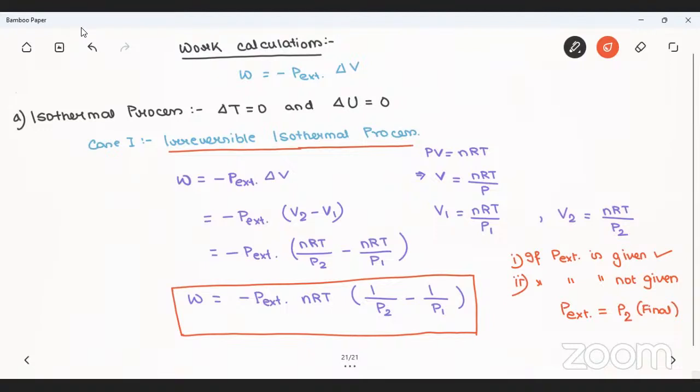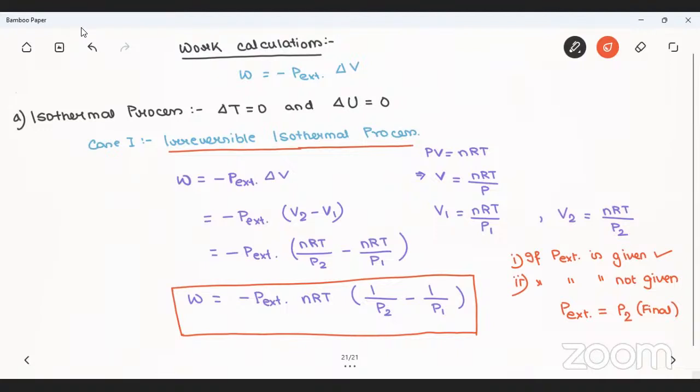If it is given, no problem. But if 2-3 pressures are given, and it is mentioned this is the final pressure, consider that final pressure to be P external.